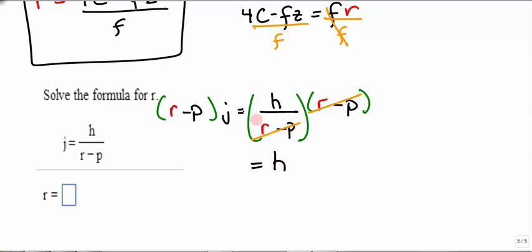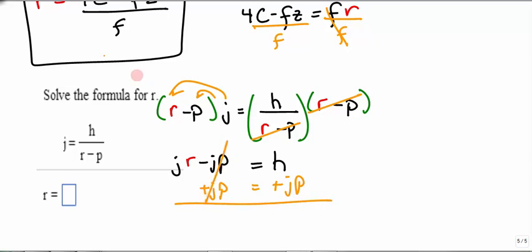Now on the left, what I can do is take this j and distribute it. If I take the j and distribute, I have jr minus jp. Now again, I'm trying to solve for r, so my next step would be to add lowercase jp to both sides, canceling, and I have lowercase jr equals h plus jp.